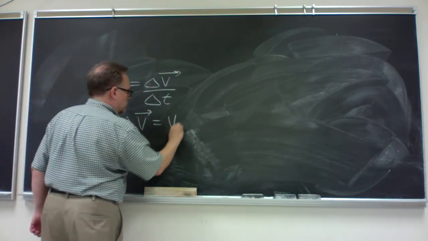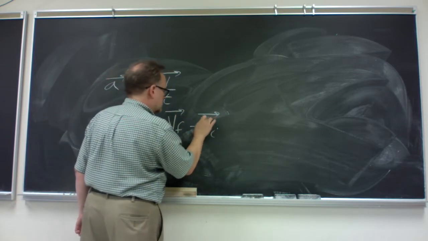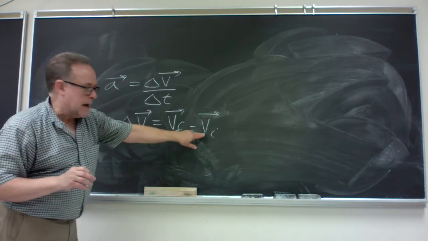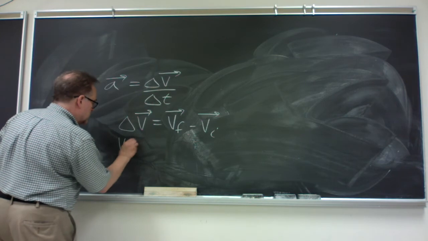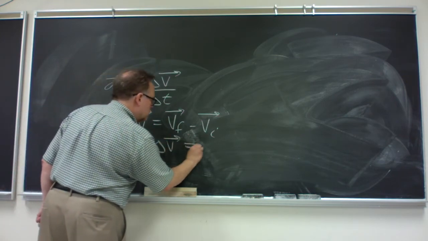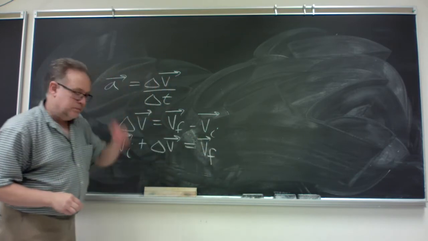Is, of course, final value minus initial value. Rewrite that a little bit by adding V initial to both sides of the equation. Then we have V initial plus delta V equals V final.